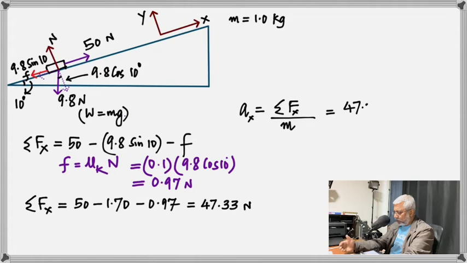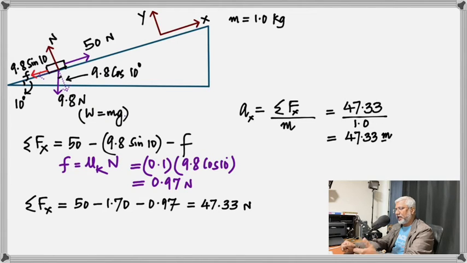That is Newton's second law. So the acceleration along the x-axis is 47.33 divided by the mass of the object, which is 1 kilogram, which gives the same number, of course, 47.33 meter per second squared. So that is the acceleration of the object as it is being pulled up the ramp.